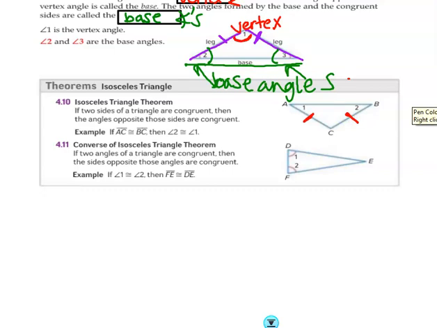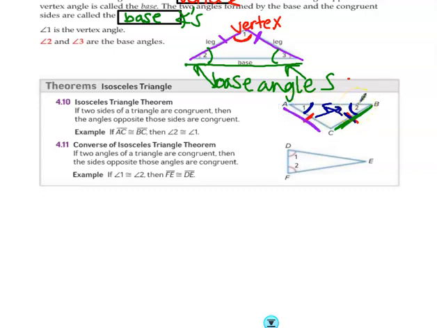So, therefore, the angles that are opposite, angle 1 and angle 2, are now congruent. Okay, so it's flip-flopped. Kind of draw arrows so you know that that angle goes with this base angle. So this line goes with angle 1, and this line goes with angle 2.